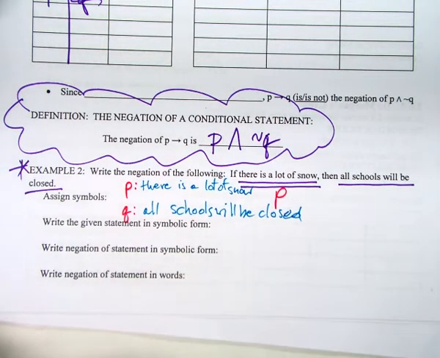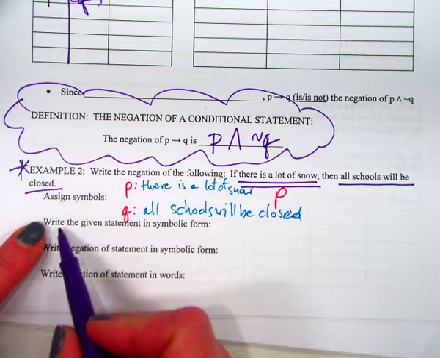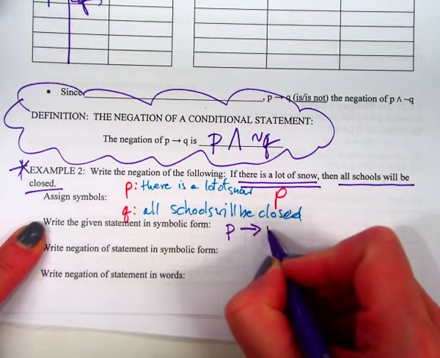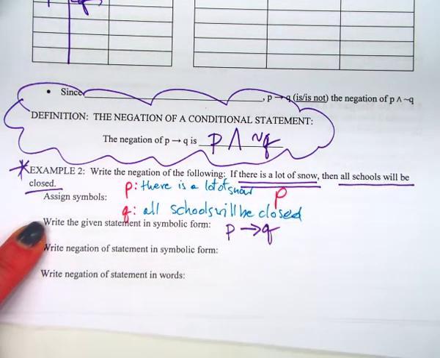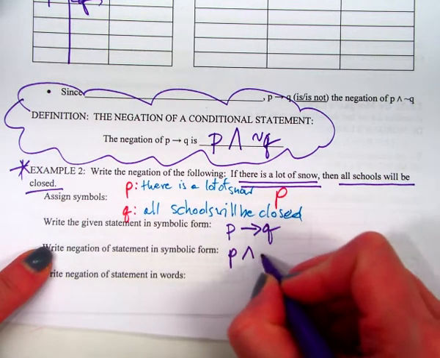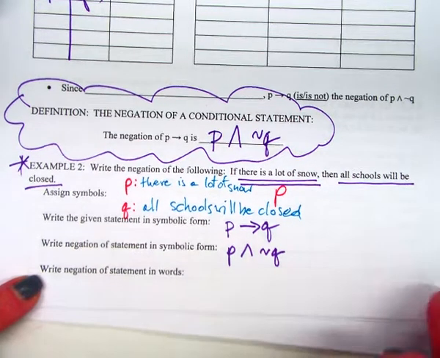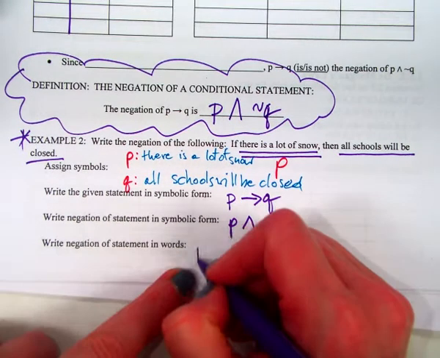How would we negate that? Before we do that, it says, write the given statement in symbolic form. That means if P, then Q. To write the negation, I would write P and not Q. And now to write the negation in words, well, there is a lot of snow.